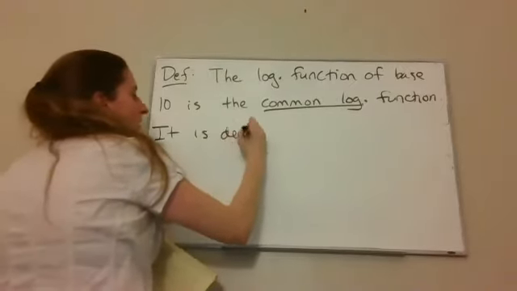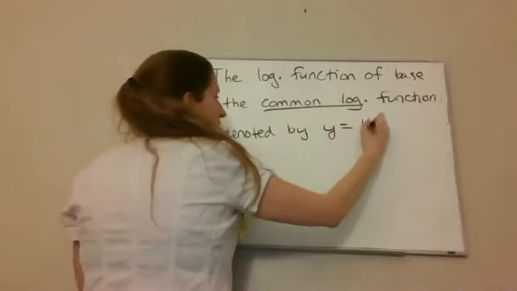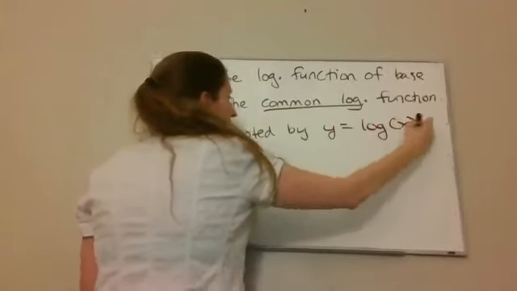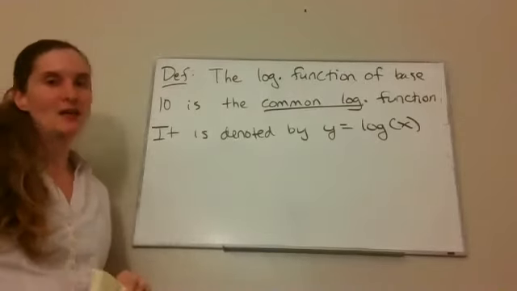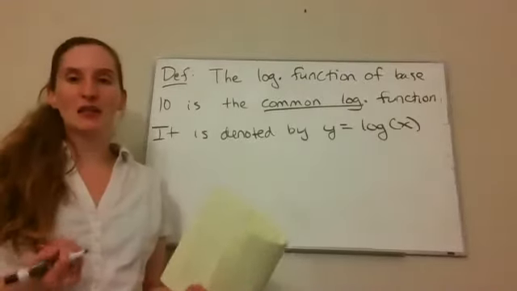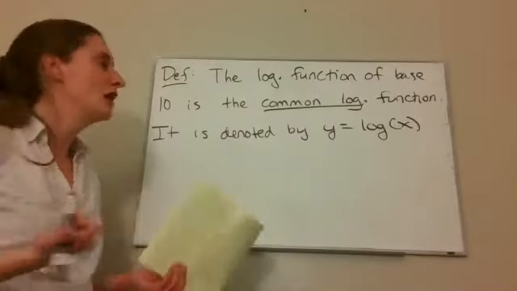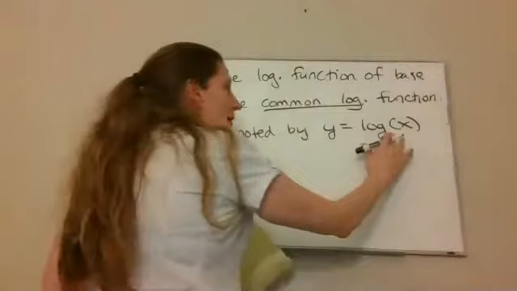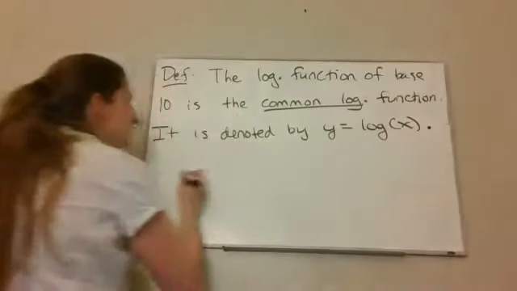And it is denoted by y equals log of x. And notice we don't even write the base 10 down there because this is one of the most commonly used logarithms, so we don't even bother writing the base down. We just have log with no base written. That implies that it's log base 10.